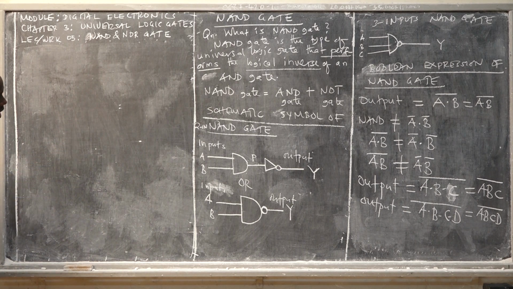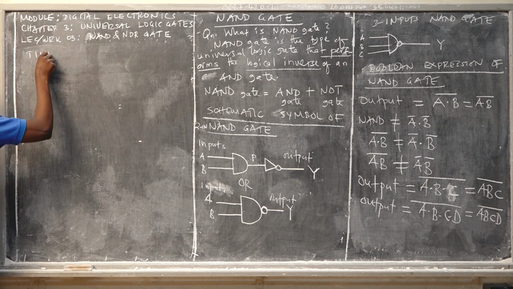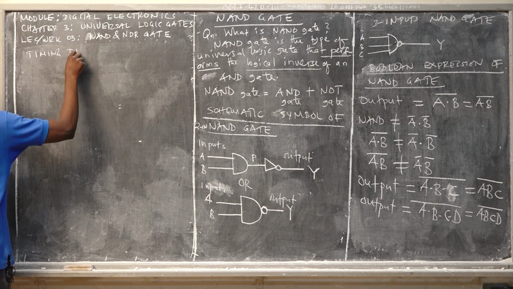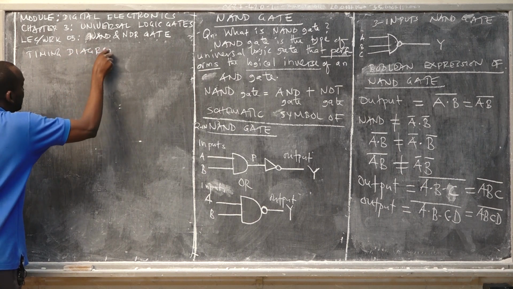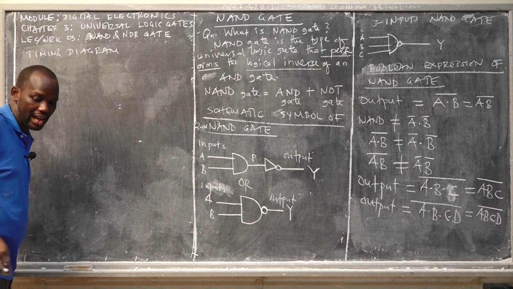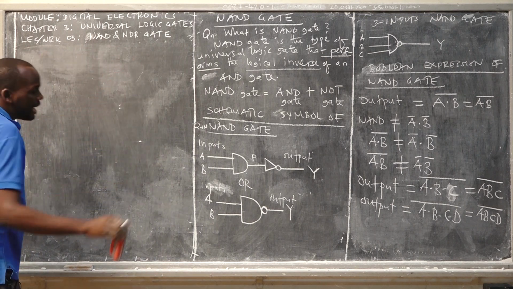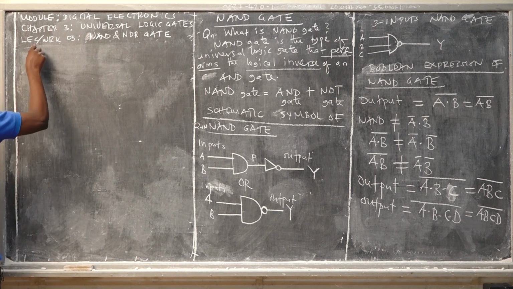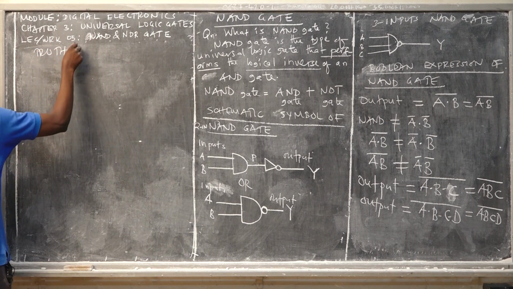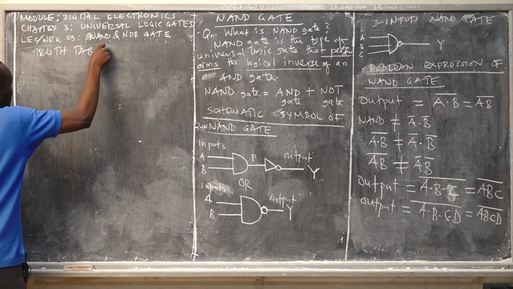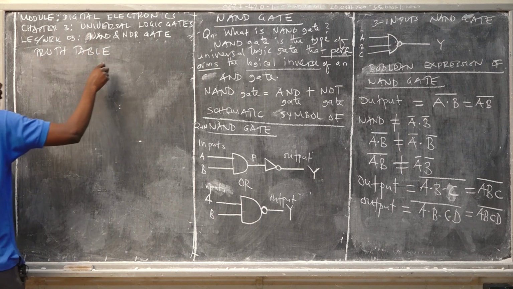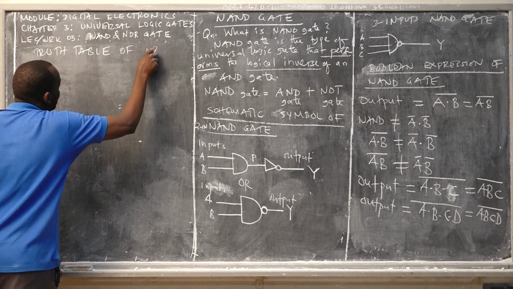Okay, so we have covered the concepts of Boolean expressions of NAND gate. Is it clear? Okay. So now let us discuss the timing diagram. Before the timing diagram, because I know my students will not understand the concept of timing diagram before we cover the truth table. Truth table of NAND gate.